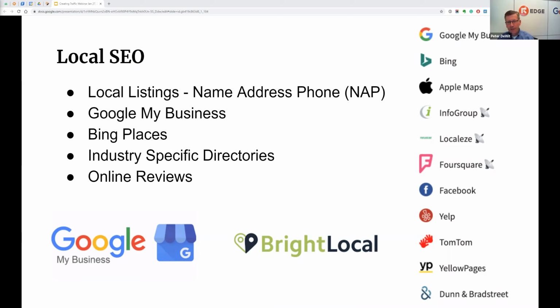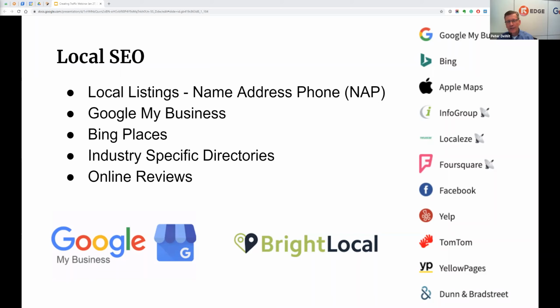So one of the things that are important for ranking, and I think I already mentioned it before, is that your business is automatically listed in all these different directories. And if you look on the right side of the screen, there's a few. There's literally thousands of different directories out there. And a lot of them you've never visited or you've never heard of.